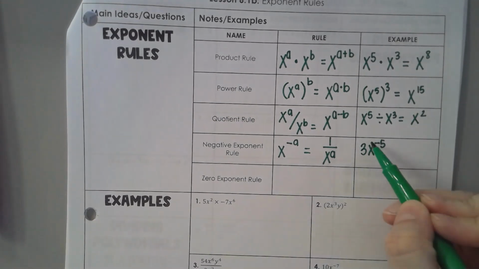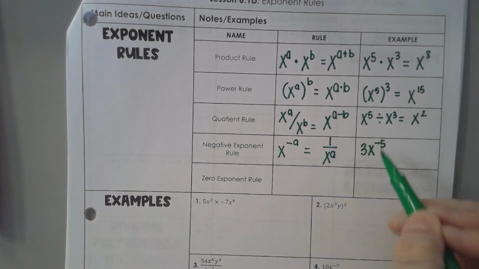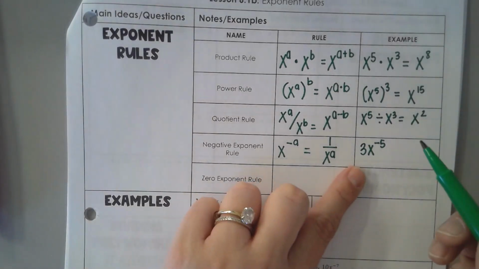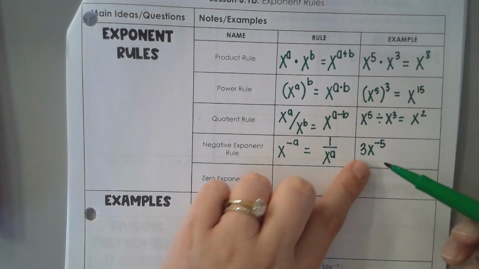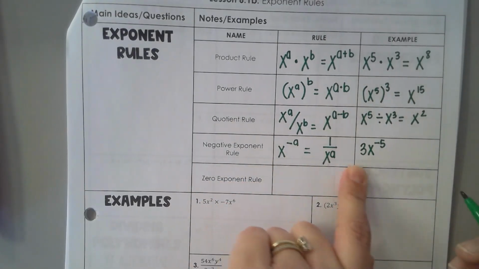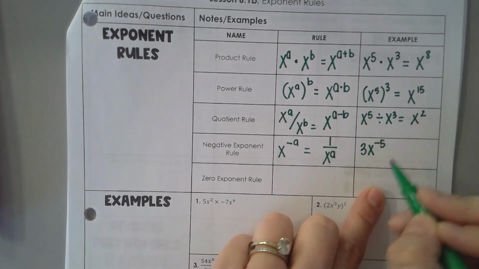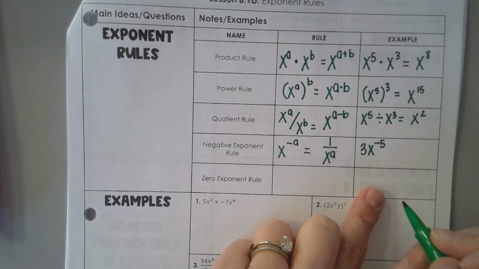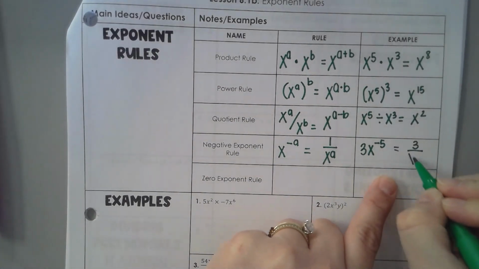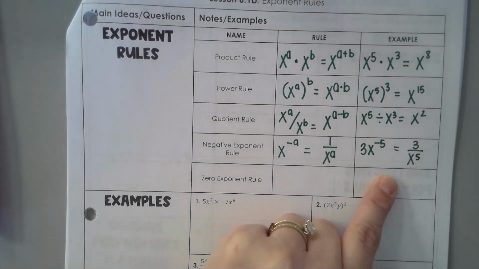If I had parentheses around this, it would be the whole 3x. So the only thing that you move to the bottom is the one thing that has the exponent of negative 5. The 3 does not move. If there were parentheses around it, then they would both move down. But the 3 in this case is going to stay. The x to the 5th goes to the bottom.